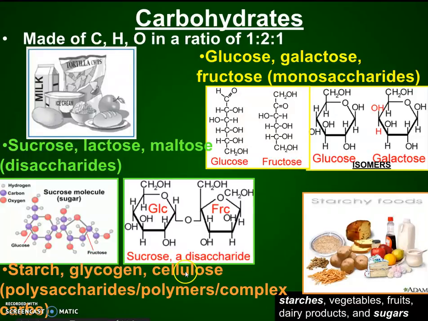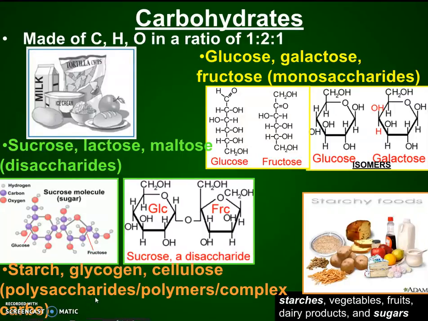Starch, glycogen, and cellulose are all examples of polysaccharides. Poly means many, saccharide means sugars. So these are molecules, one molecule made of many, maybe 3, 4, 5, 100, whatever, probably chains of glucose, and it's one molecule.